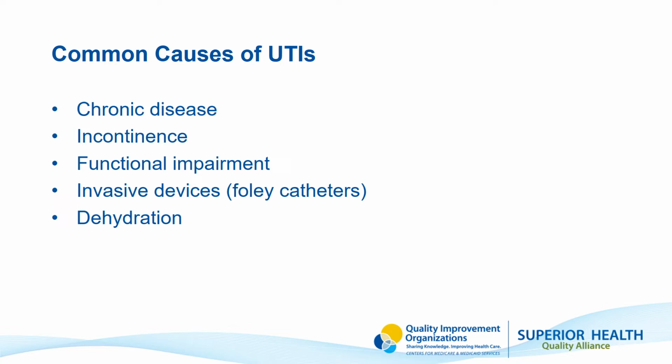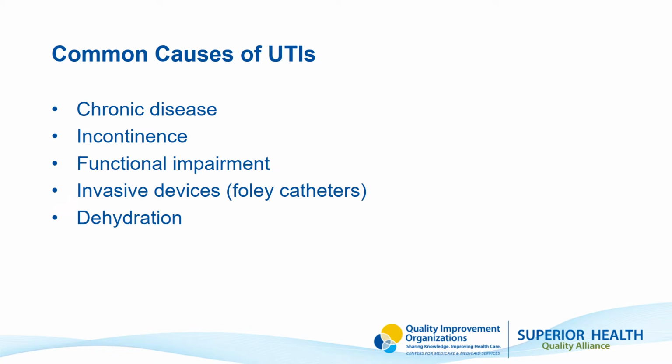Older adults who wear incontinence products are at an increased risk for exposing their urethra to E. coli, particularly if they are wearing the wrong products or if the products are not changed frequently enough. Soiled incontinence products, when left on too long, can introduce harmful bacteria into the urinary tract.